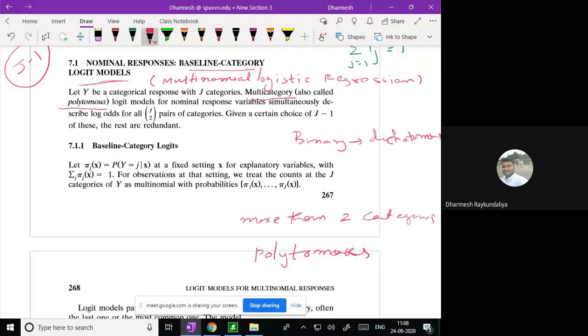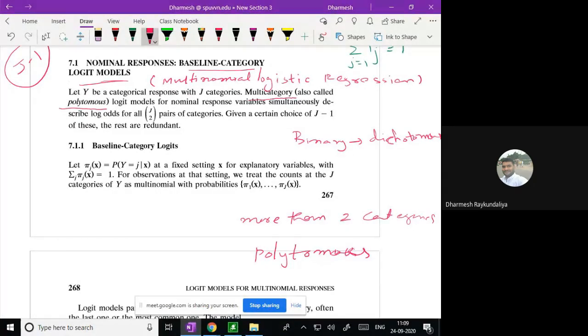If you are looking at blood groups, whether B positive, B negative, A positive, AB positive, AB negative, O positive, likewise, they are purely categories. There is no connection between the blood categories.